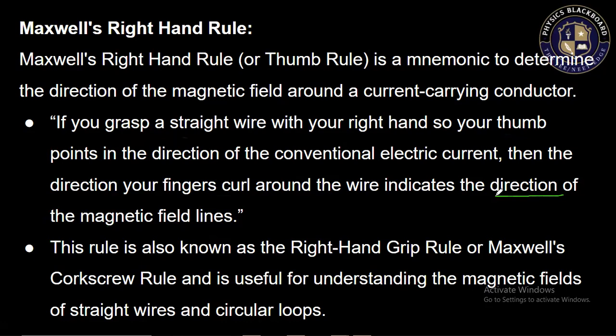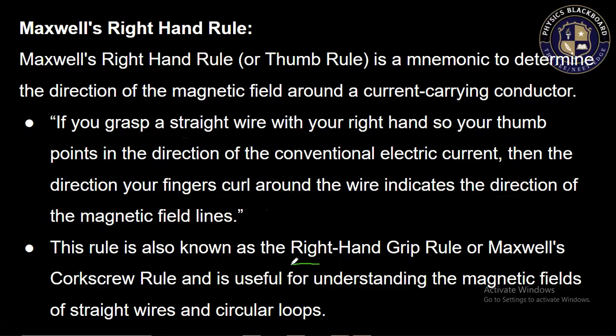So this statement gives us the Maxwell right-hand thumb rule: if you grasp a straight wire with your right hand, and stretch the thumb showing the direction of electric current through that conductor, then the remaining curled fingers around that conductor will indicate the magnetic field direction. That is Maxwell right-hand thumb rule.